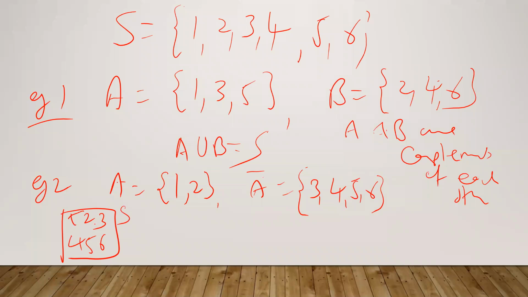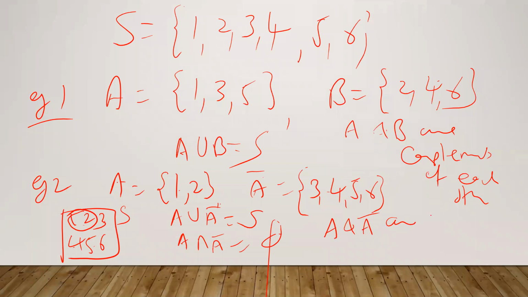This is my S. This is my A, 1 and 2. Outside A, 3, 4, 5, 6. So this is A complement. If I unite A and A complement, am I going to get S? Yes. 1, 2, 3, 4, 5, 6. And is there anything common to them? Nothing. Nothing is common because जो A में है वो उसके बाहर नहीं होगा. Correct? So empty.